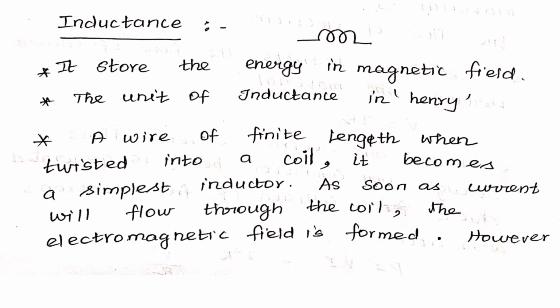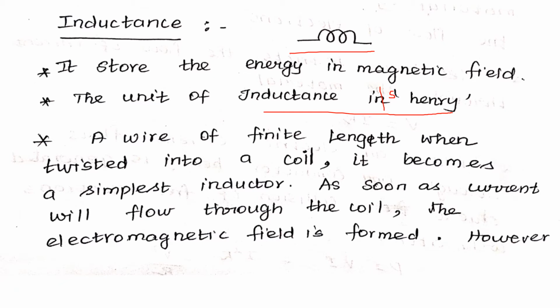Next we are going to see the next element, that is inductance. So this is the symbol for inductance. What is inductance? It is a coil form. It stores the energy in a magnetic field. The unit of inductance is Henry. A wire of finite length, when twisted into a coil, becomes the simplest inductor.